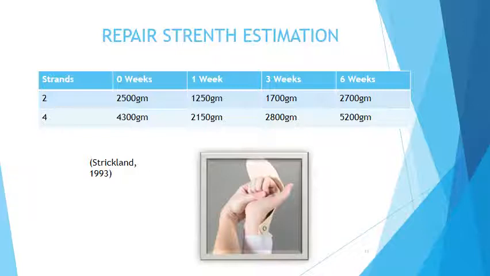However, a 2-strand repair will not handle early active, and that is why with a 2-strand repair, early passive protocols can be used. Interestingly, at 1 week with a 4-strand, it loses a bit of strength, 2,150 grams, and then gradually regains the amount of force that it can handle, and at 6 weeks it can handle 5,200 grams.